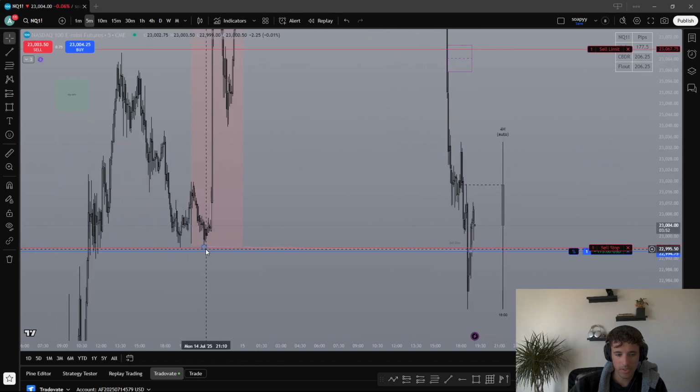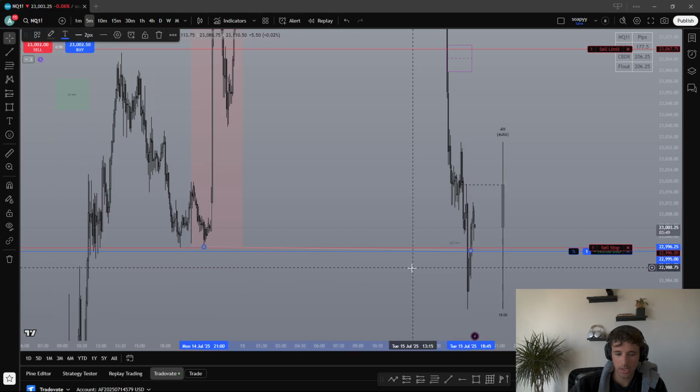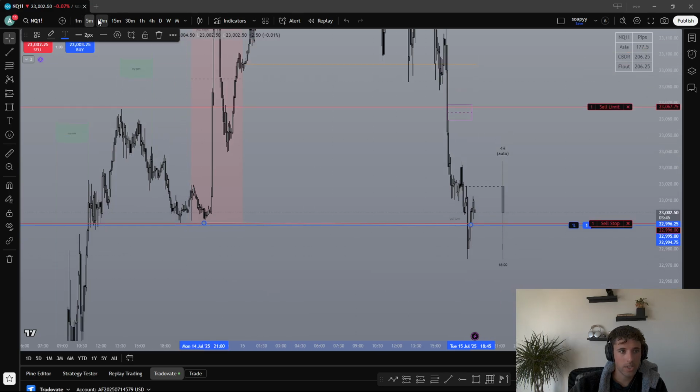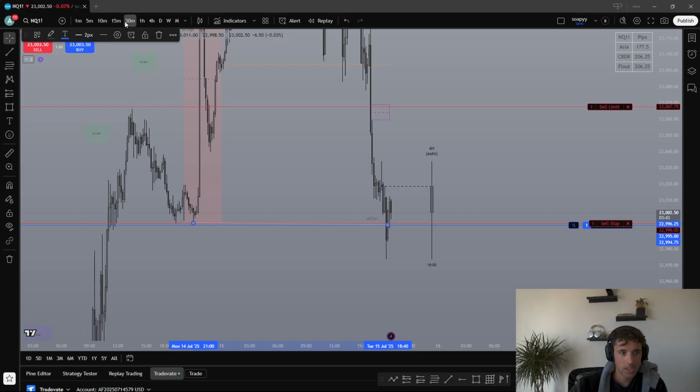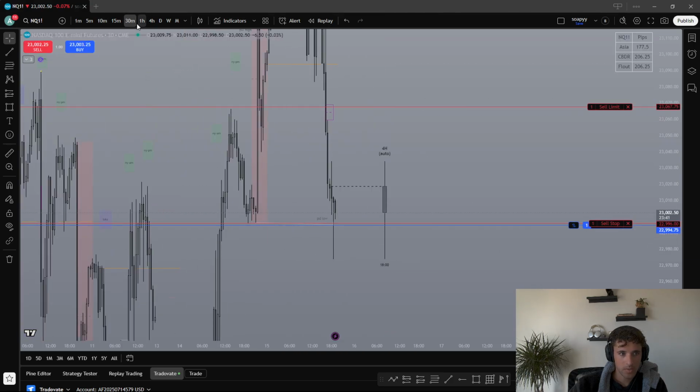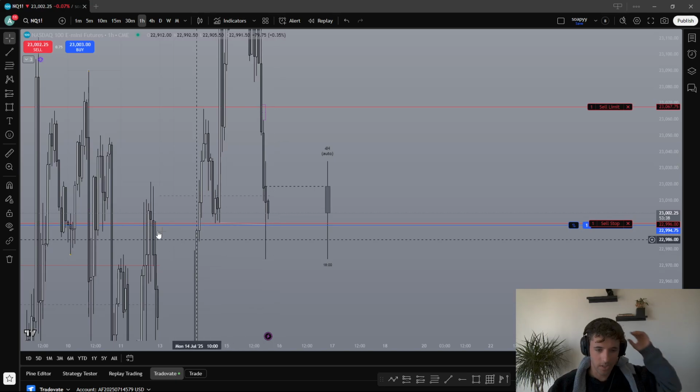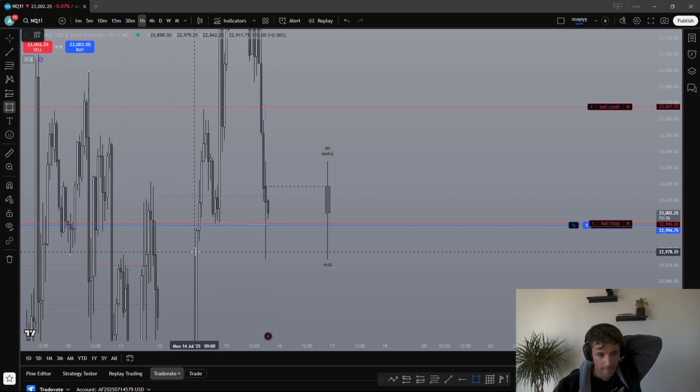I'm familiar with it, I used to use it, but I like this one a lot better. Should I have it on when I'm trading or just when I'm doing my TA? Definitely 100%, when you're trading as well. All the time, never take it off.